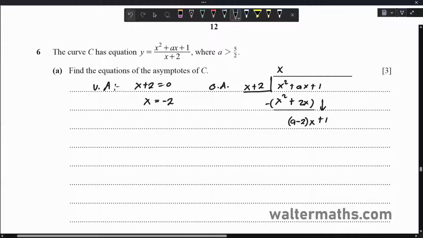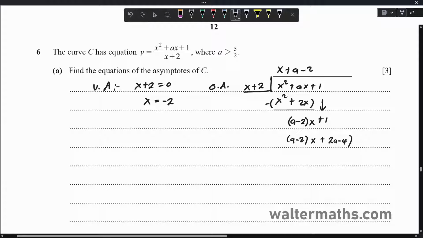We divide this by x and get a minus 2. We multiply a minus 2 by this, and we get a minus 2 of x, plus 2a minus 4.